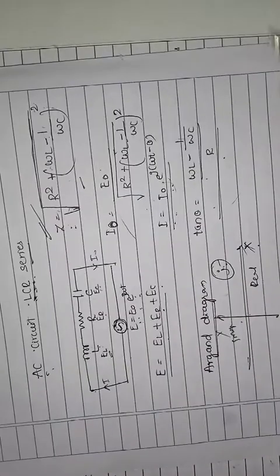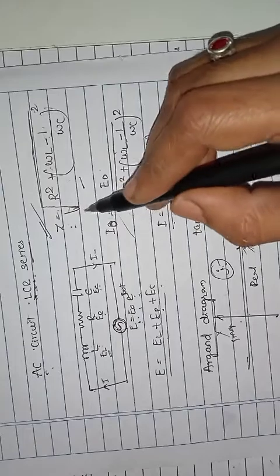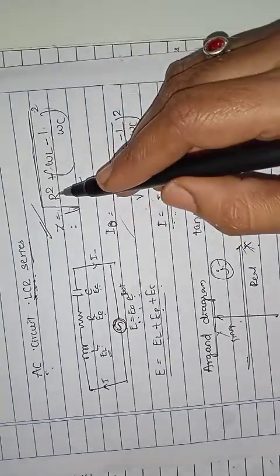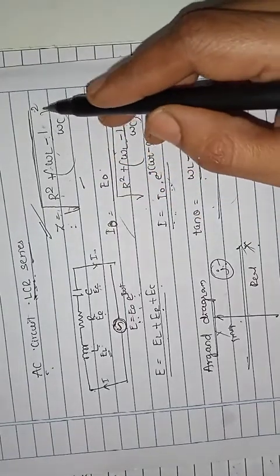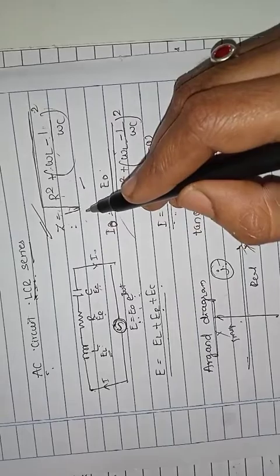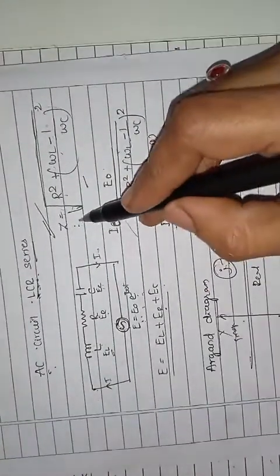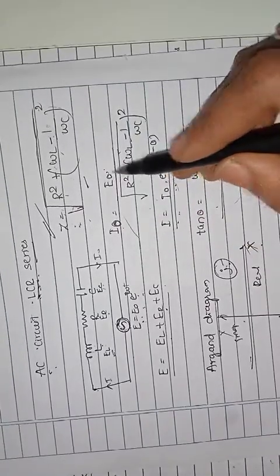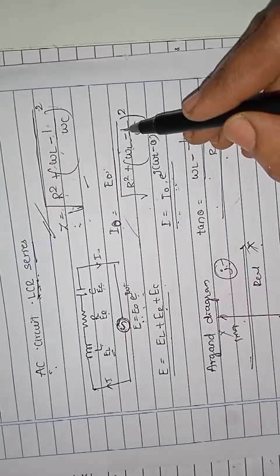So while solving this, we got the impedance. The impedance Z is equal to square root of R square plus omega L minus 1 by omega C, whole squared. We can call this impedance. Then I naught is equal to E naught over square root of R square plus omega L minus 1 by omega C, whole squared.